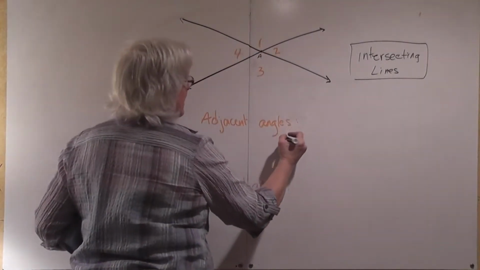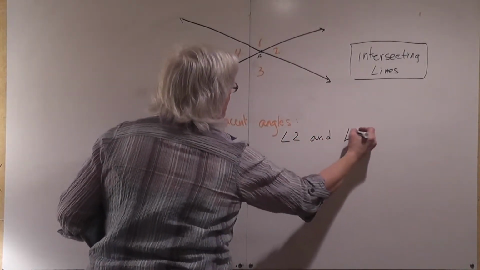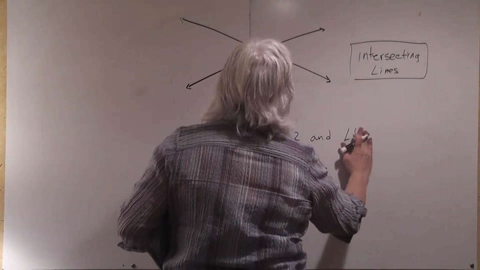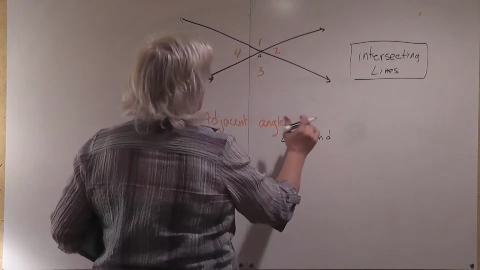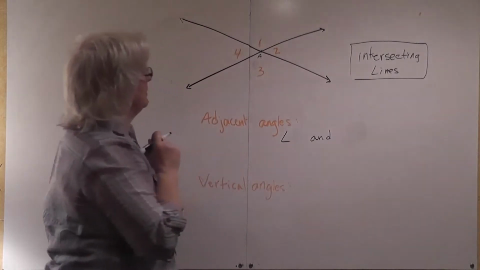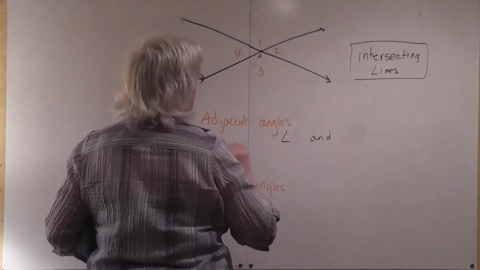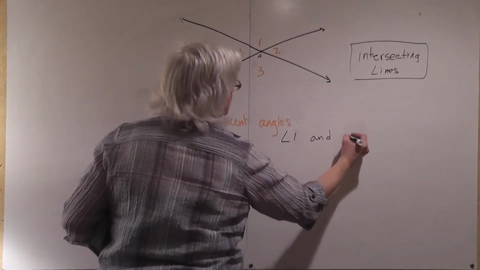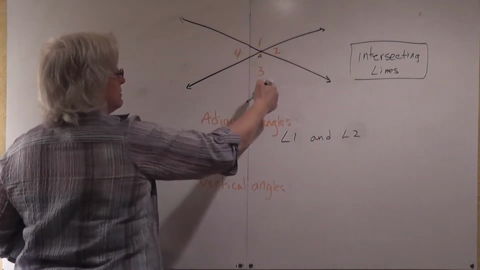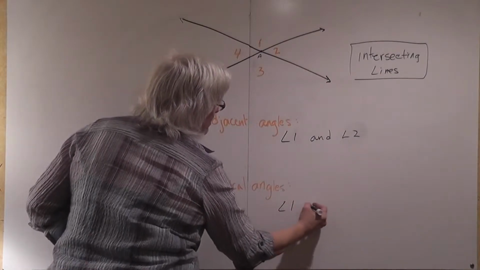So we could say that angle 2 and angle 4 are not adjacent. Angle 4 and angle 1 would be adjacent, but let's just start counting with number 1. Angle 1 and angle 2 are adjacent. Angle 1 and angle 3 are vertical.